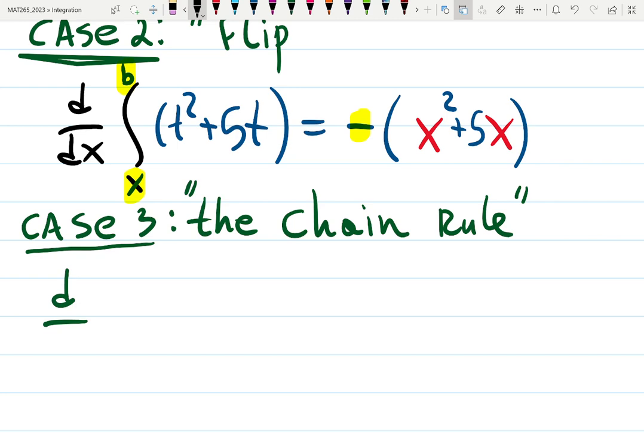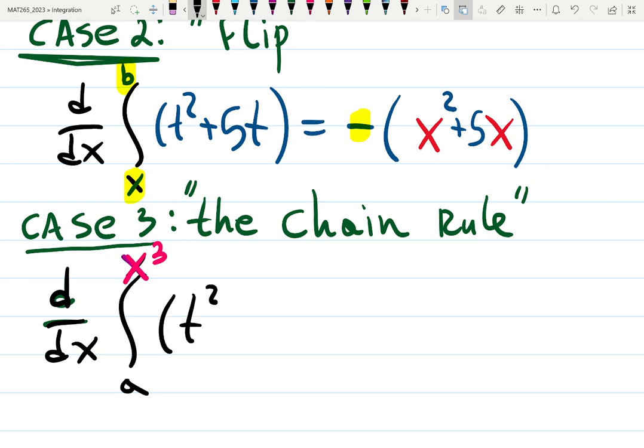Find the derivative of the integral from a to, guess what, x cubed, of t squared plus 5t dt. What if there's a function hidden in the upper limit of integration? That's chain rule, because it's a function inside of the function. And that's the hardest part.